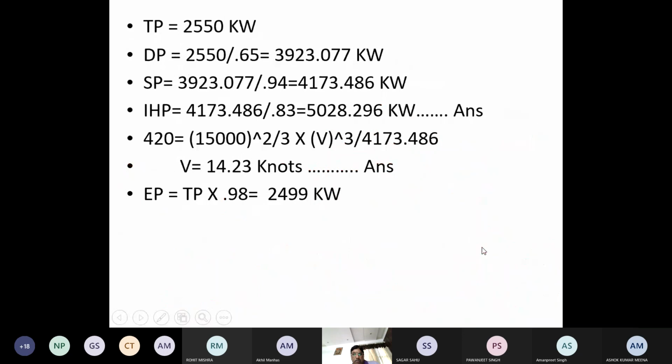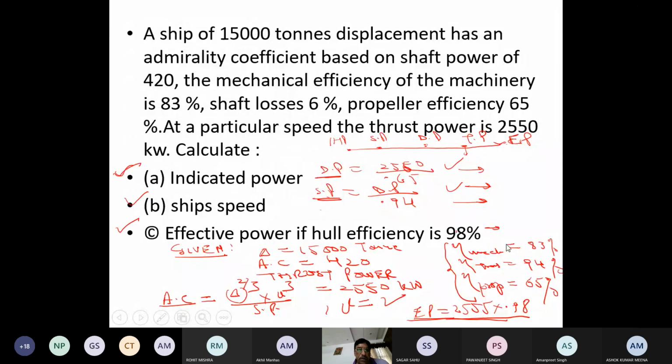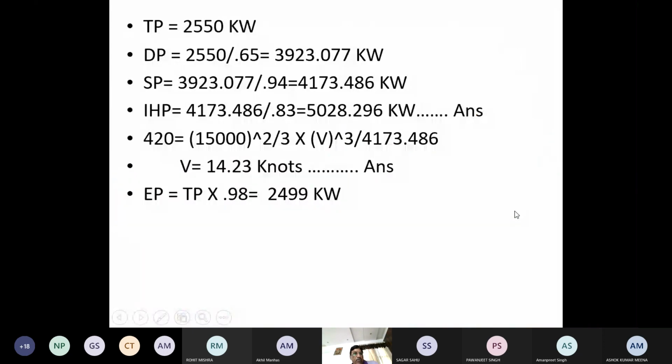Answer for A is 5028.3 kilowatt. Ship speed is, I think, 15.23, if you remember, 14.23.